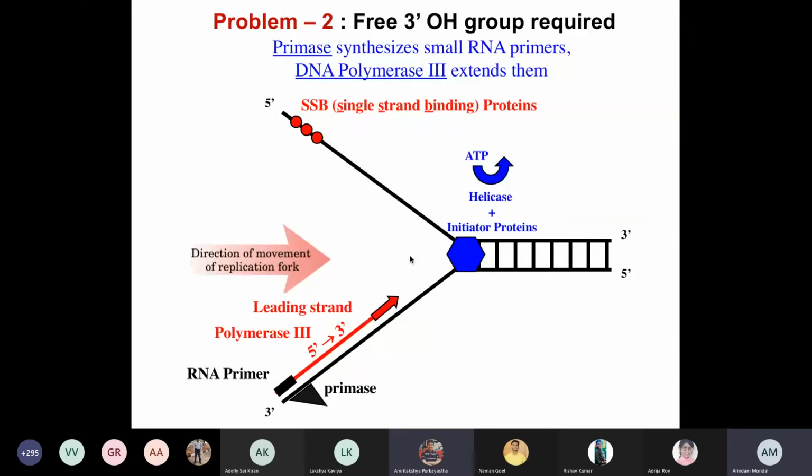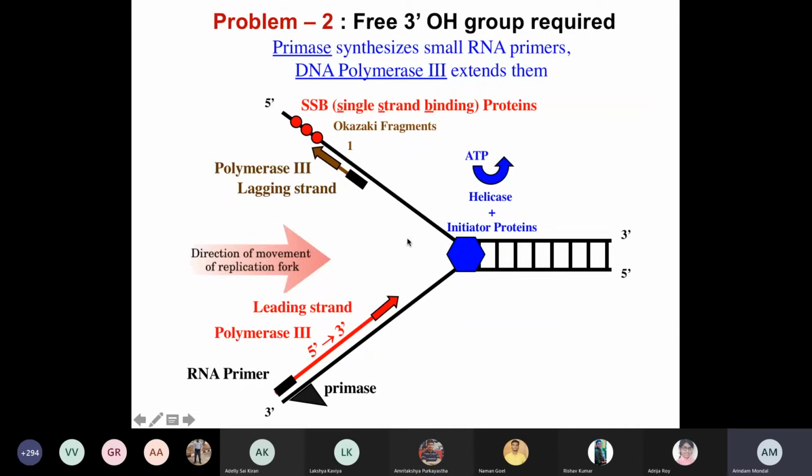It basically cannot start from the free end, right? Rather, the primase has to initiate and synthesize a primer somewhere in the middle, and then the DNA polymerase can initiate the DNA synthesis in a 5' to 3' orientation.